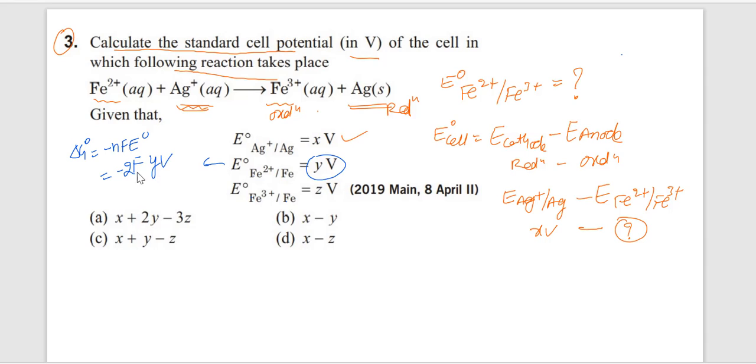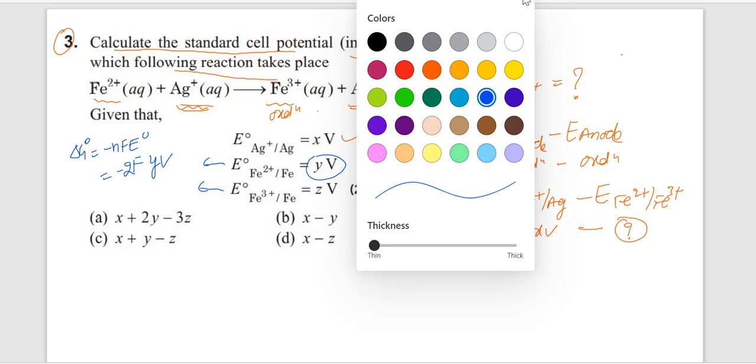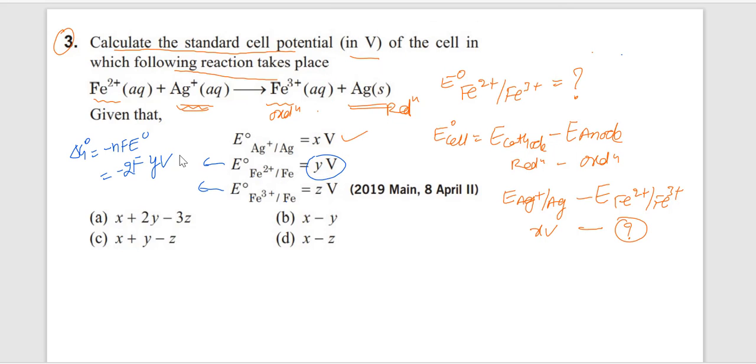Okay, this is the second one. Next, for this I am changing the color here. Again delta G naught equal, how many electrons? 3 electrons are there. So minus 3 farad and z volt.